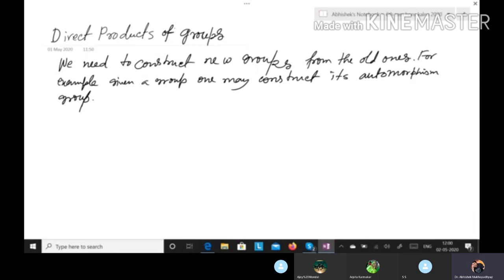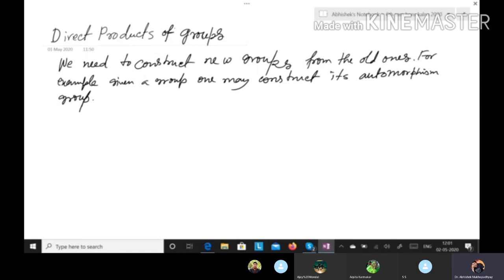And if we go further in finite group theory, then we will see that this operation has an important role in finite group theory, because every finite abelian group can be made isomorphic to a direct product of cyclic groups. So that is an important observation and important application of direct products in group theory.